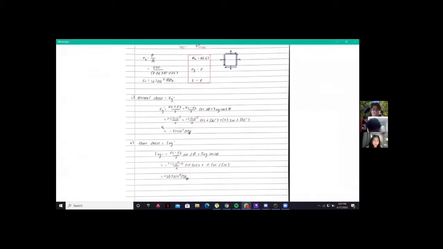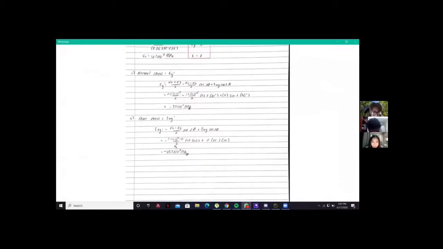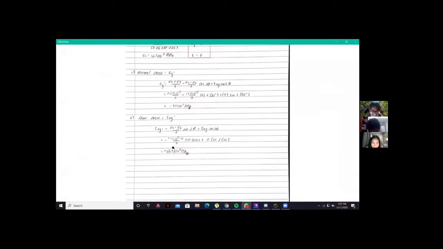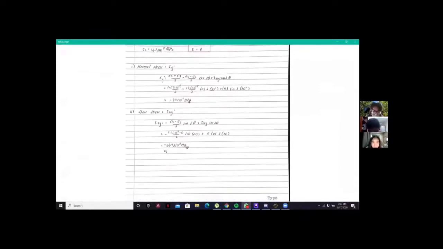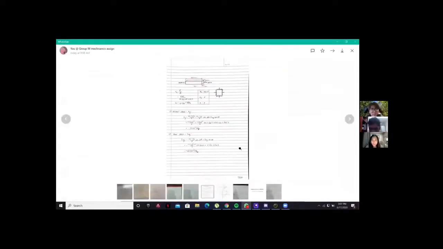Then for the shear stress, we use this equation and substitute the stress, and we get negative 5.37 times 10 to the power of 5 MPa. So that is for the first part.